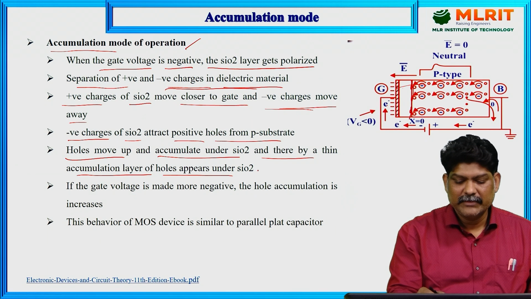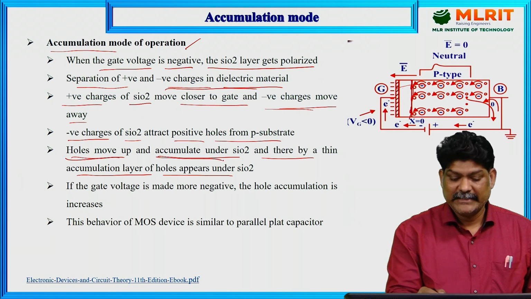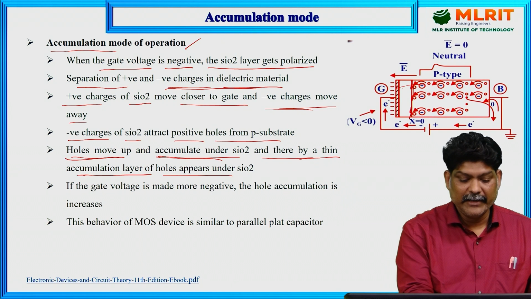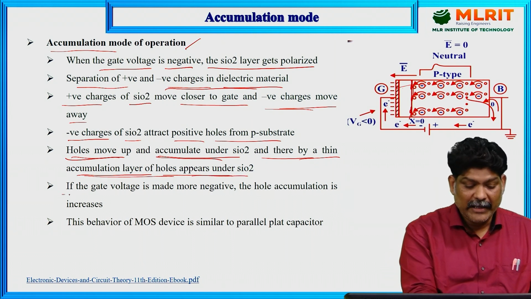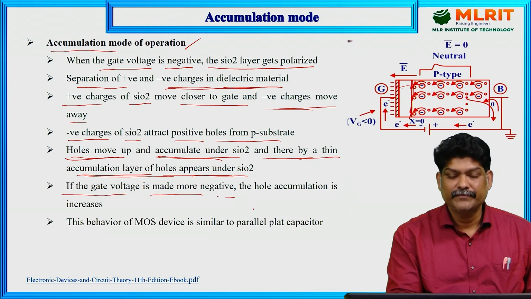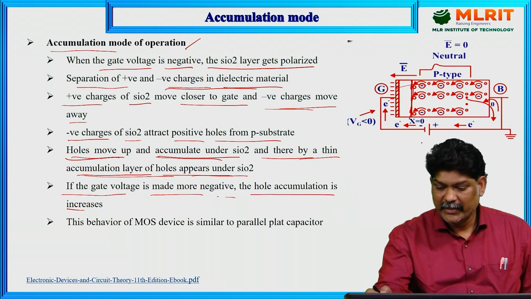So holes move up and accumulate under SiO2, and thereby a thin accumulation layer of holes appears under the SiO2 layer. If the gate voltage is made more negative, hole accumulation increases.